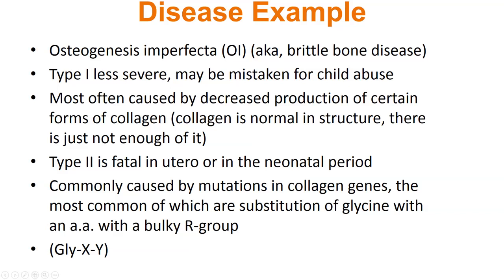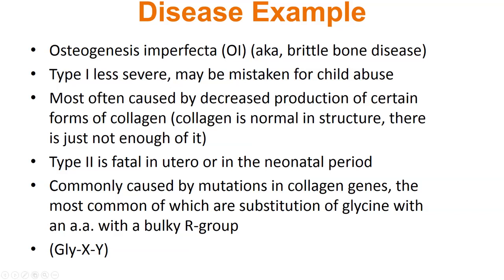Now, we haven't talked about different types of collagen. Osteogenesis imperfecta happens to be type 1 collagen. So the symptoms you're going to see, it's because it's type 1 collagen. There's other collagen types which, if you have mutations, are going to cause different diseases. In this case, we're talking about type 1 collagen.